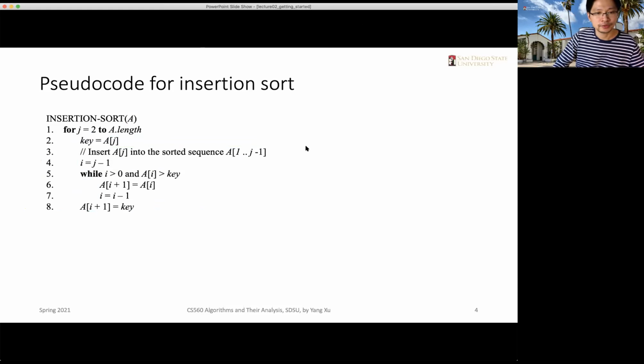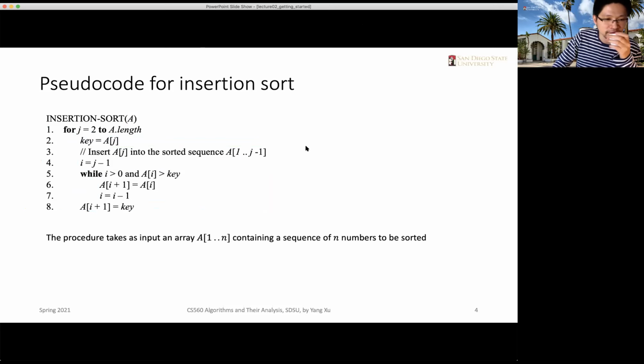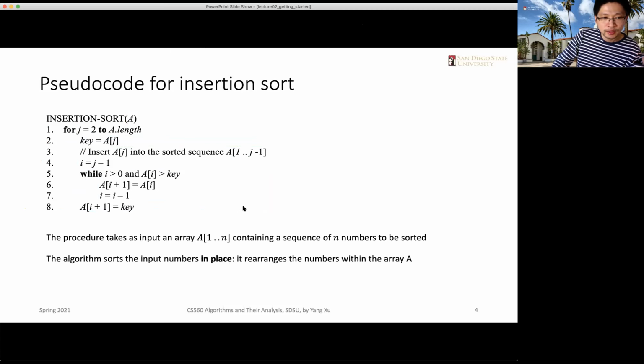Then let's get into the steps of analyzing the function of it. So it basically takes an input of n numbers, and we are supposed to sort all these n numbers. And what we can know is that this algorithm has a property called in place.